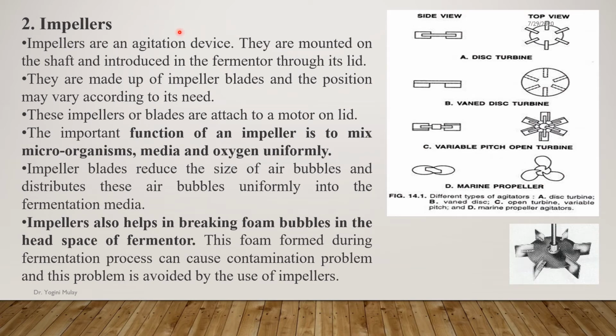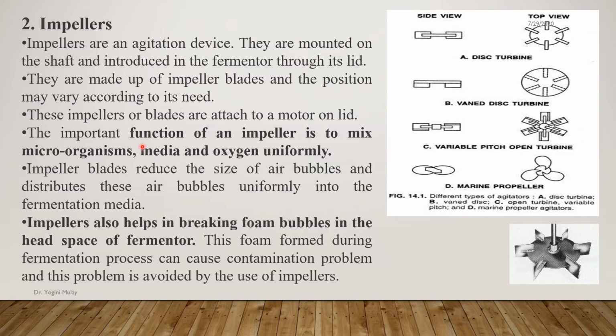Next is the impeller. Now, what is an impeller? These impellers are mainly agitation devices, and these impellers are mounted on the central shaft, and that central shaft is introduced in the fermenter through the lid. And these impellers are made up of impeller blades, and they are positioned at different levels as per the requirements.